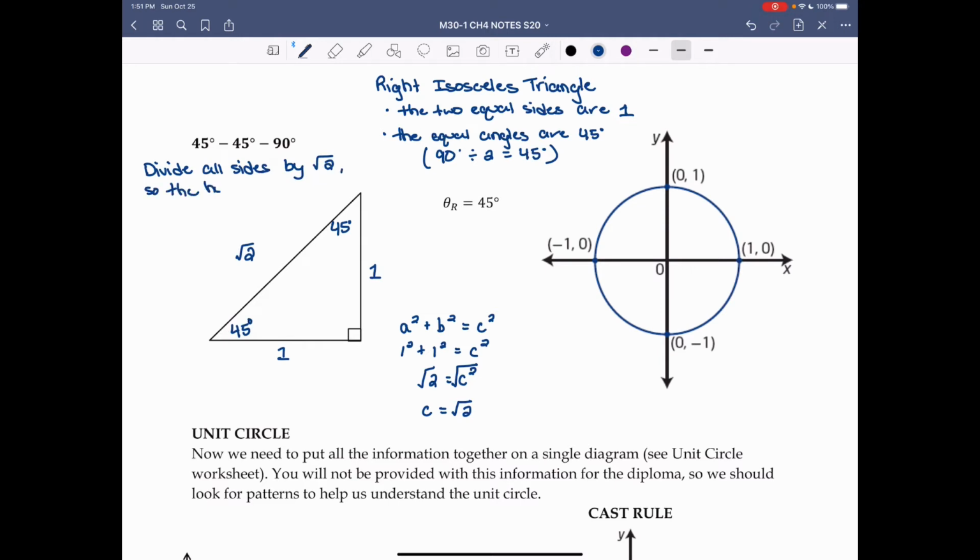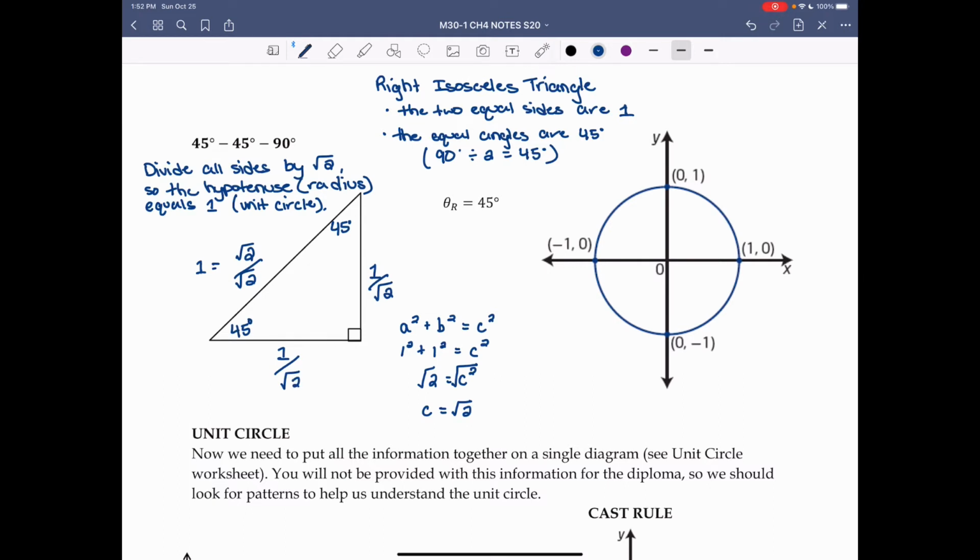So the hypotenuse, which would be the radius in the unit circle, equals 1. So divide by root 2, then we get the hypotenuse to be 1. And then 1 over root 2 and 1 over root 2.